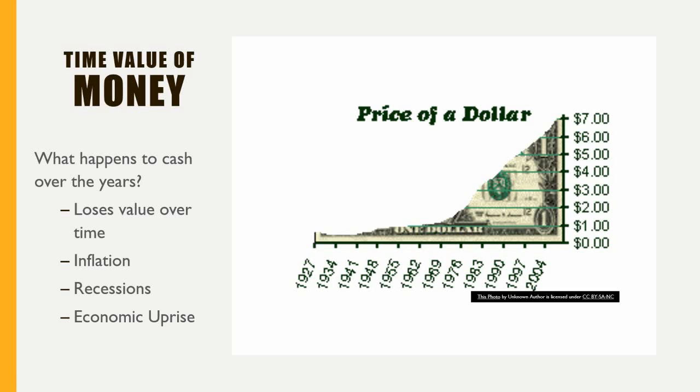So you can check it out and see how much the dollar changes per day. When we make predictions for the future, we need to understand that inflation is a possibility.